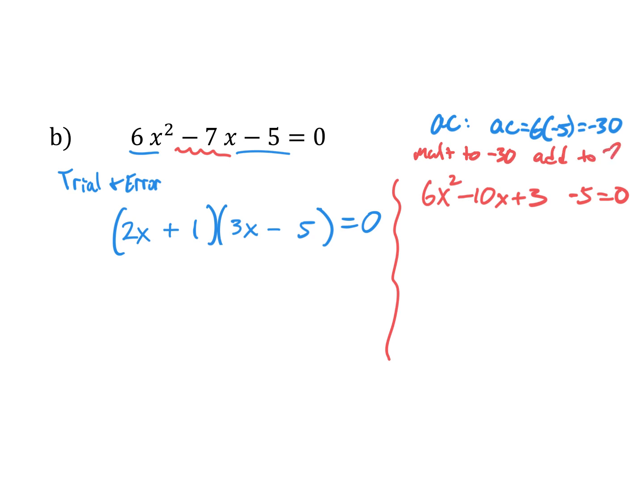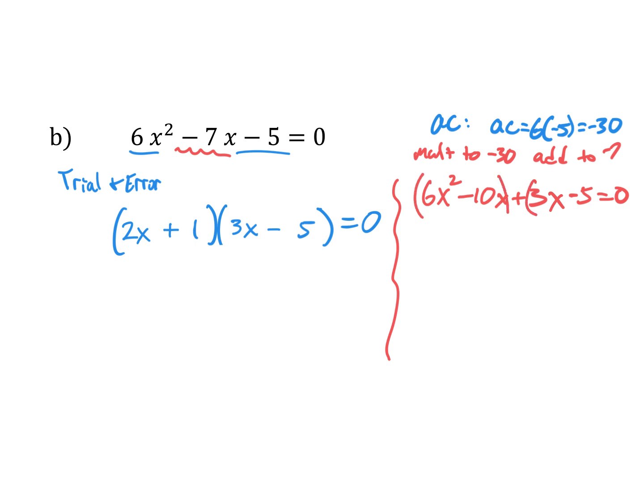Again, this is different because there's a 6 in front, not a 1. Now we've got 4 terms. Oops, I lost my x somehow. There it is. We're going to factor by grouping here.